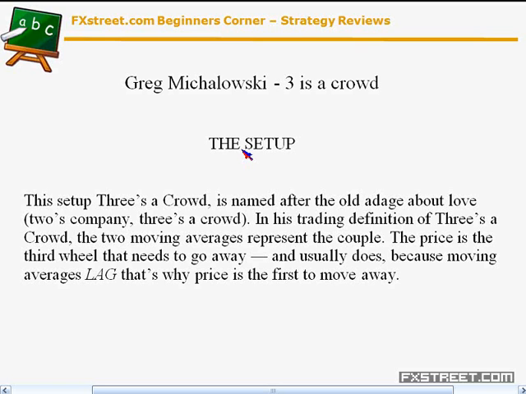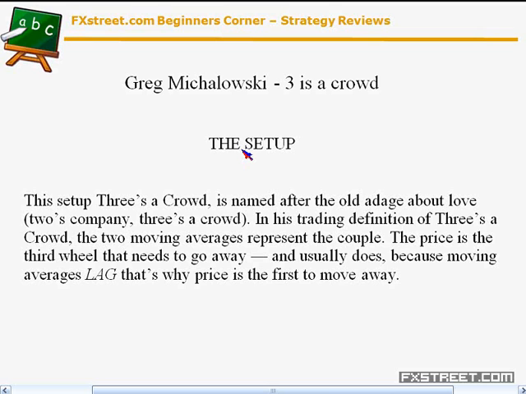The idea of this trading definition is that the two moving averages represent the couple, right? And the price is the third wheel that needs to wait, and usually does, because moving averages tend to lag, right? That's why price is the first to move. So when we have a certain setup, right, where the two moving averages converge with price, we should expect the price to move away.